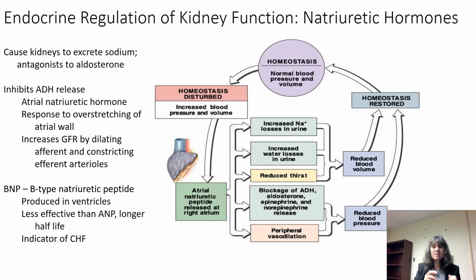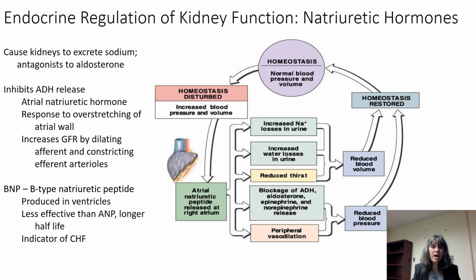And what that causes is it actually increases glomerular filtration rate by dilating the afferent arterioles and constricting the efferent arterioles, so that there has to be a higher pressure in the glomerulus, causing more fluid to go out of the glomerulus into the capsule, creating more urine.